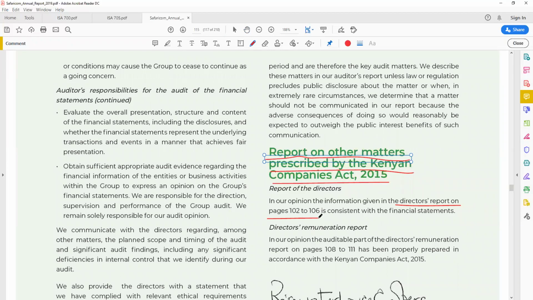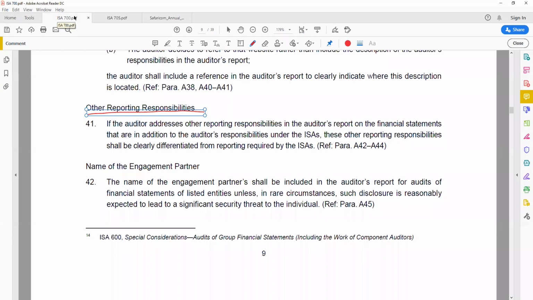So other reporting requirements that you may have as per the Kenyan Companies Act, or by the CBK in case you audit banks, are things that you may need to include in the report.